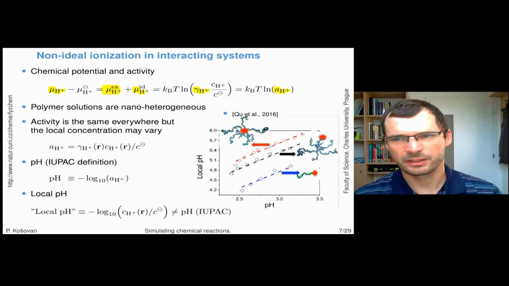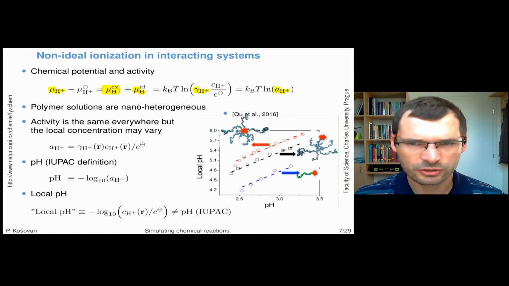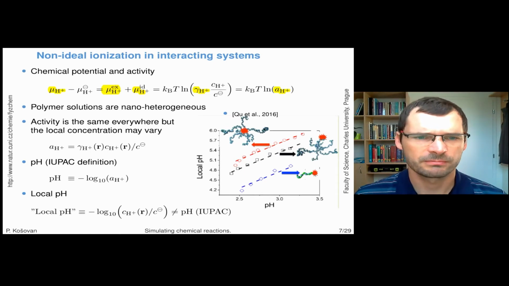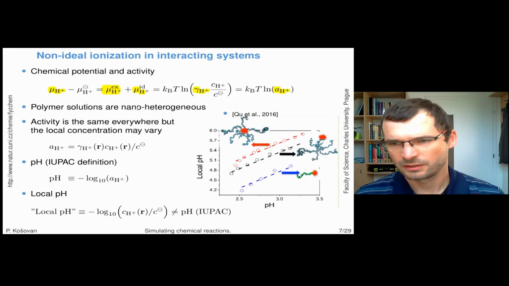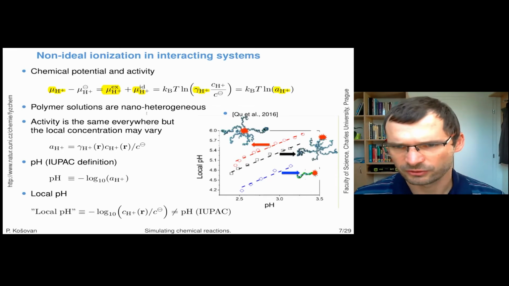Now, if we apply this concept to polymer solutions, we find out that polymer solutions are nanoheterogeneous systems. This is illustrated on the figure on the right.